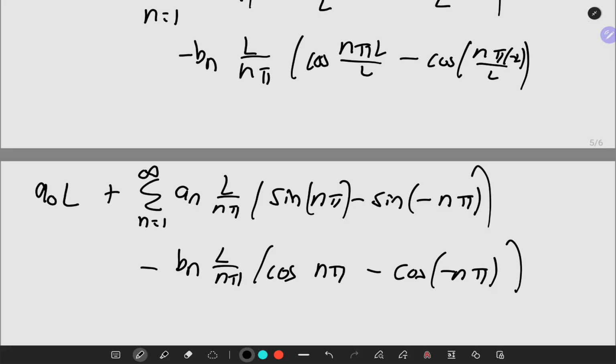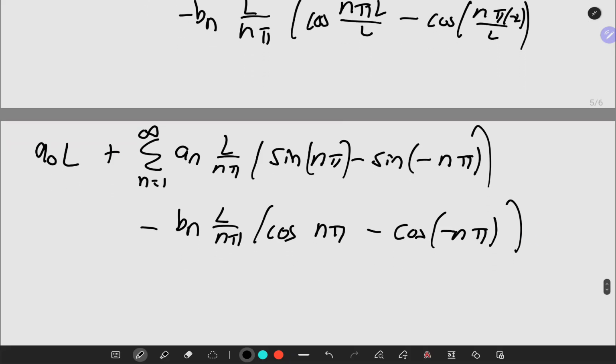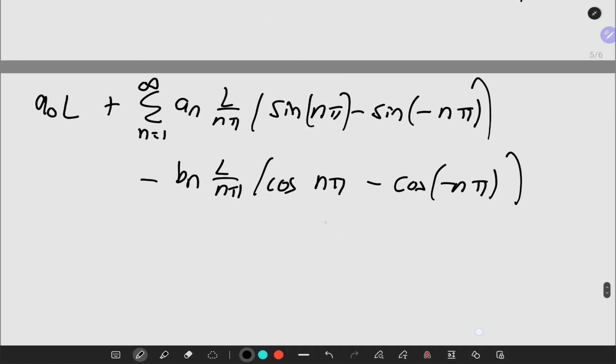Now remember, cosine is an even function, so it doesn't matter what's on the inside. Let's say n is equal to 1. Cosine of pi is 1, and cosine of negative pi is also 1, since it's an even function. 1 minus 1 is 0. So because cosine is an even function, this whole term is 0.